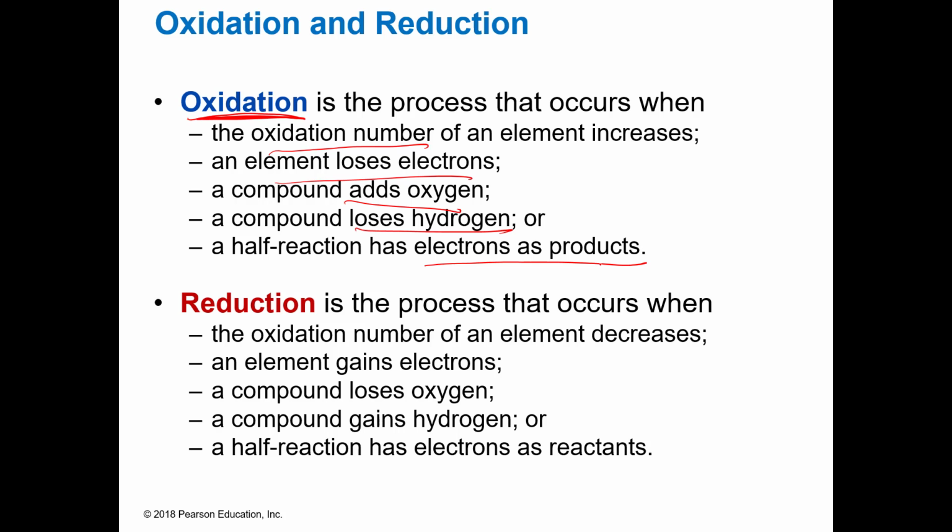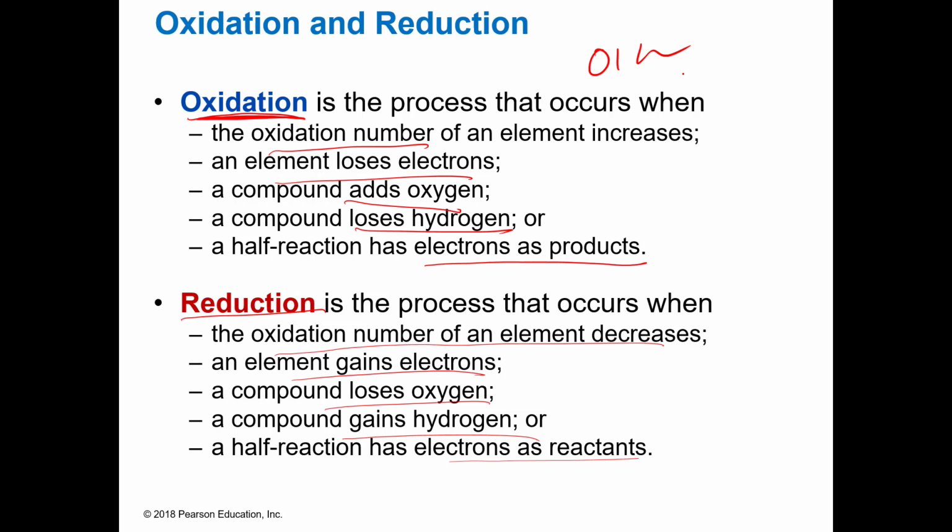So if you start trying to memorize, okay, then reduction is the oxidation number decreases, it gains electrons, it loses oxygen, it gains hydrogen, and it has electrons in the reactants. If you're memorizing all of those features for each thing, you're going to get them confused. So I just pick one, oxidation, for example, and I memorize that. And I know that this is what happens.